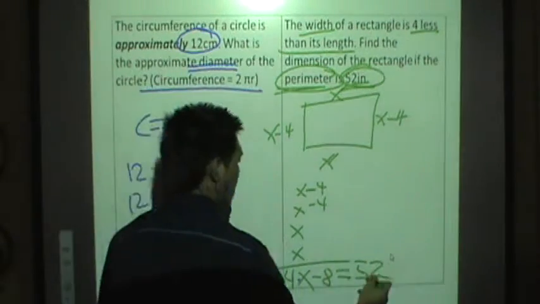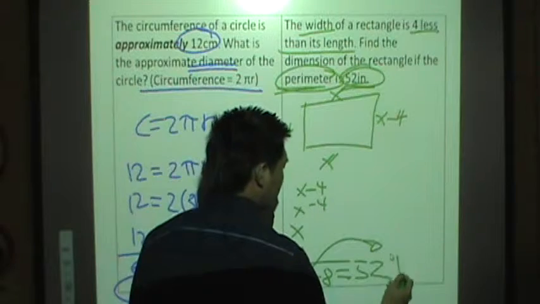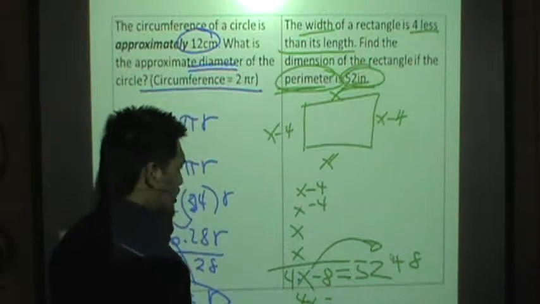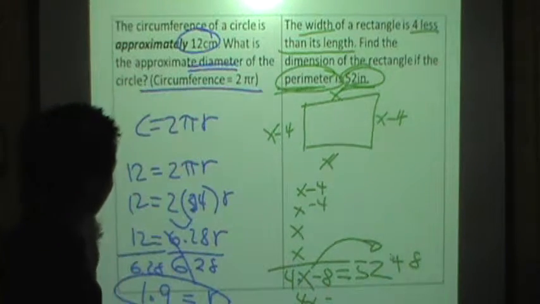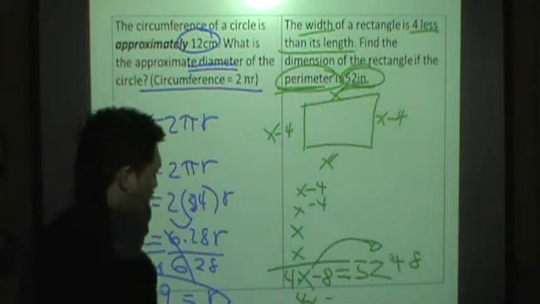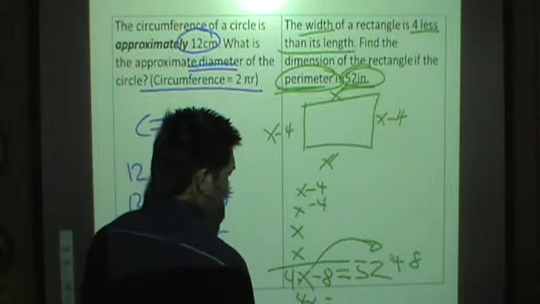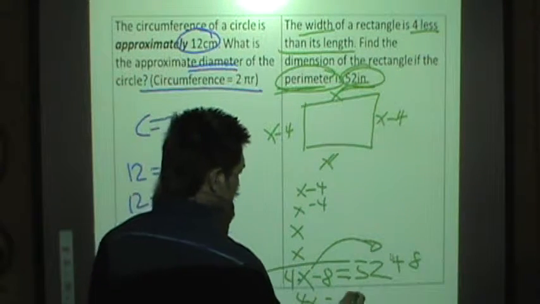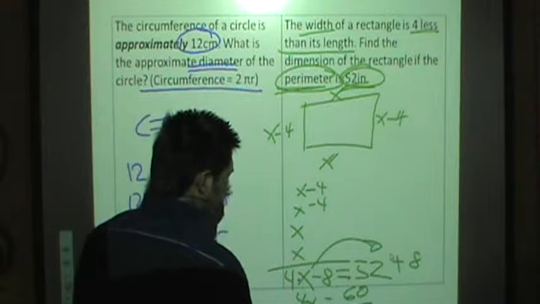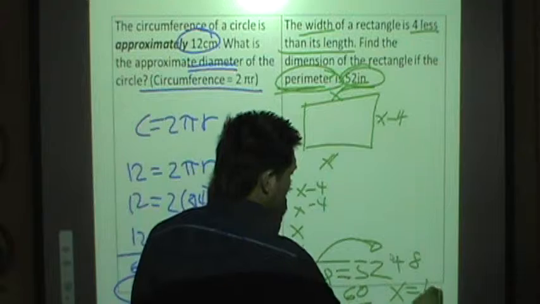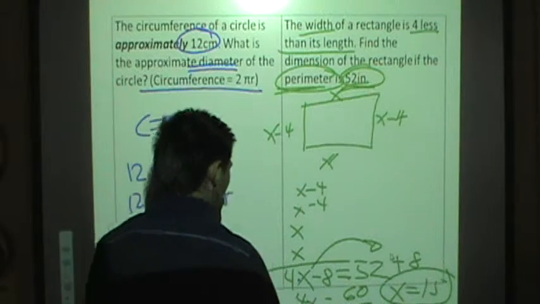Move the negative 8 over and it becomes plus 8, and that should give you 4x equals 60. Then divide both sides by 4, x equals 15.